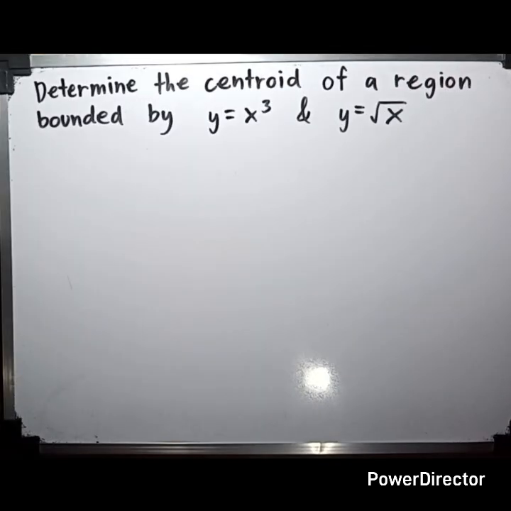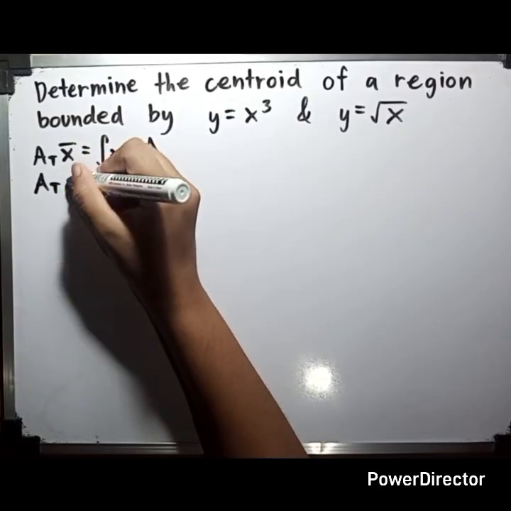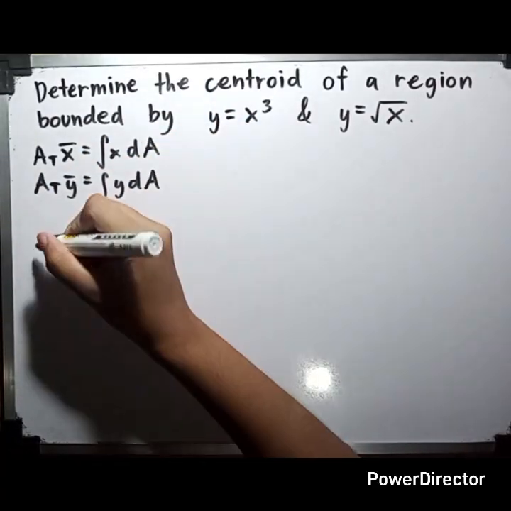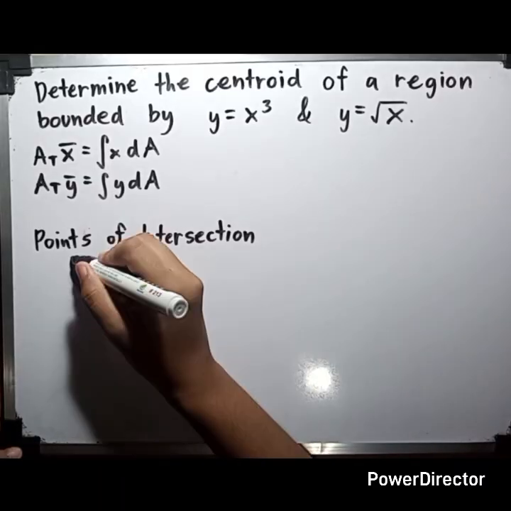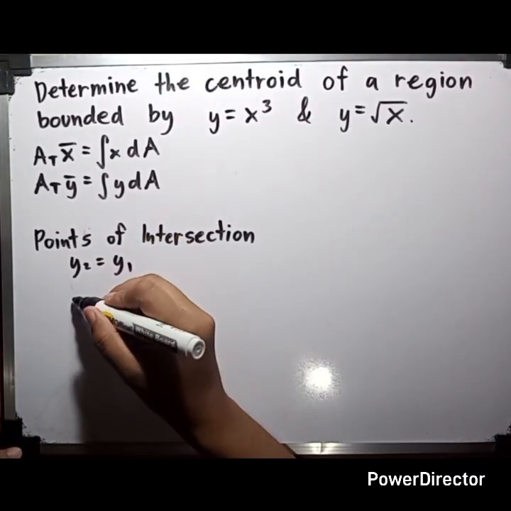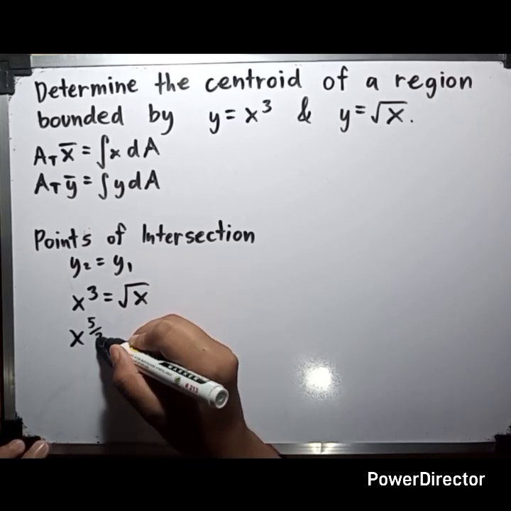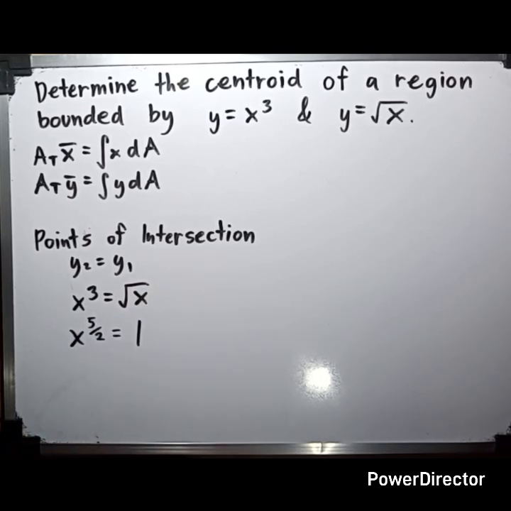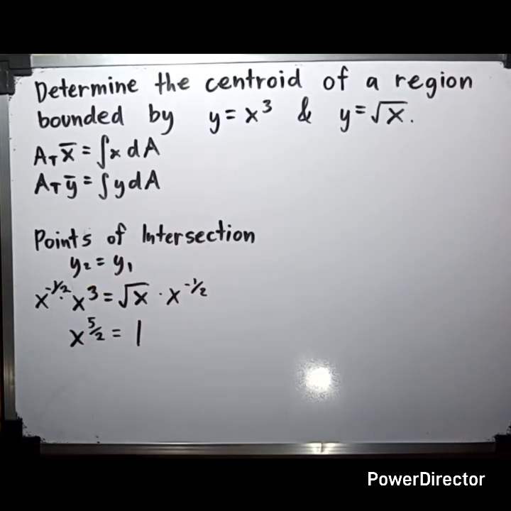Let's try to solve a problem using the principle of moments. First, let's find the points of intersection by equating the two given functions. If x raised to 5/2 is equal to 1, then our x must be equal to 1.